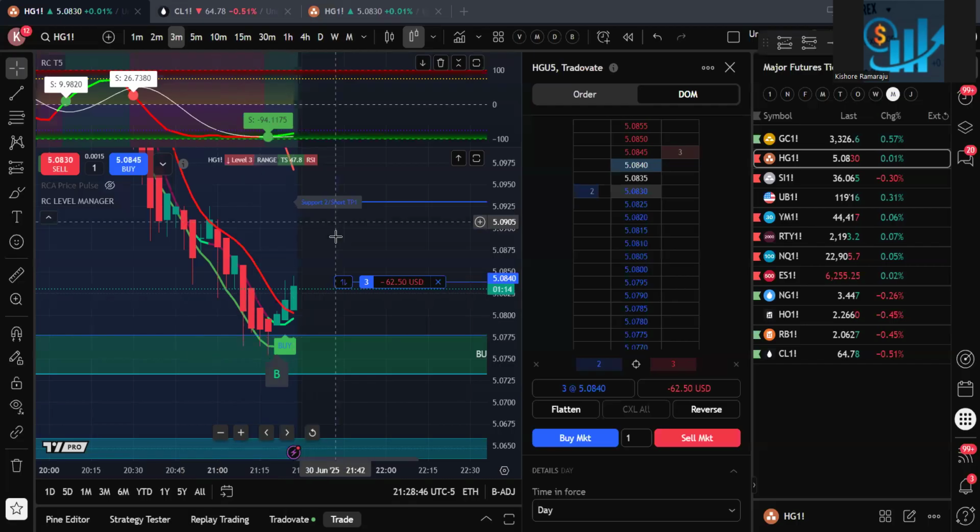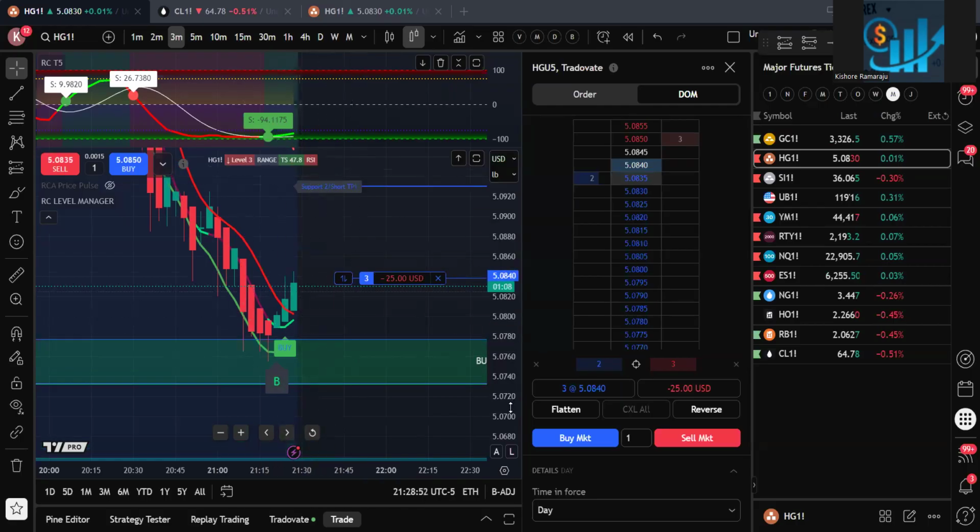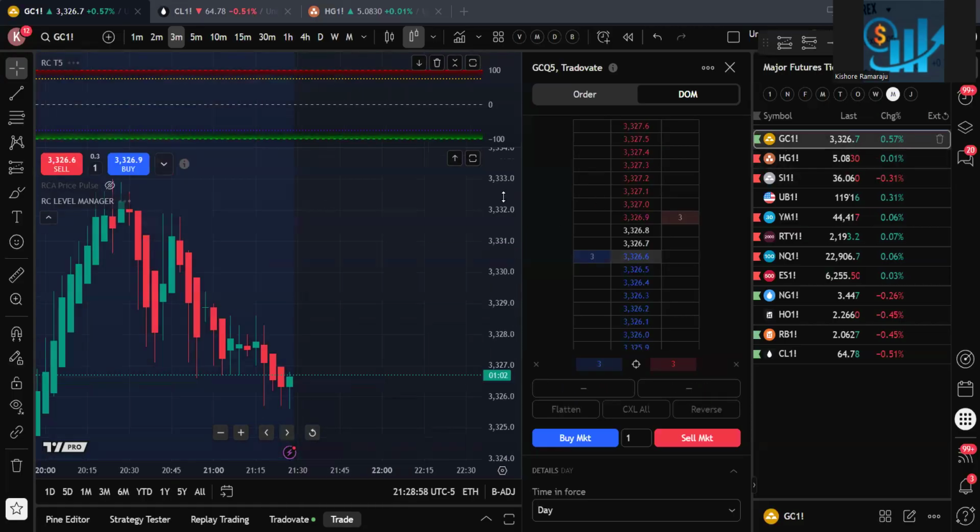So I took three long positions. We are still holding NQ short. NQ will drop in some time. So we made profits with GC.